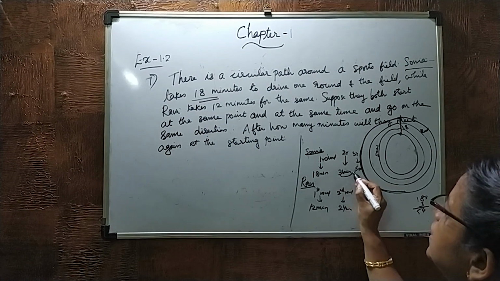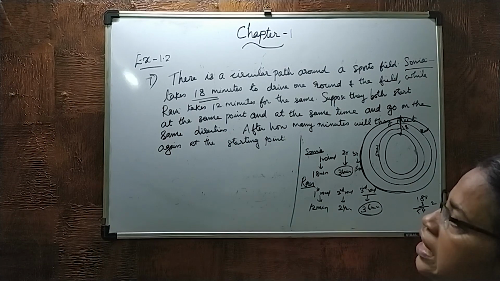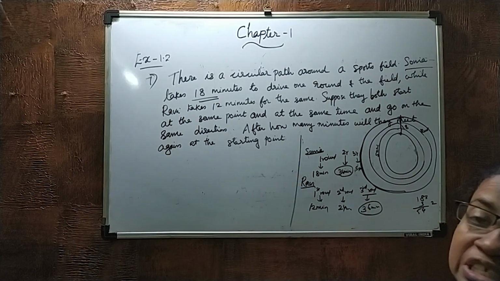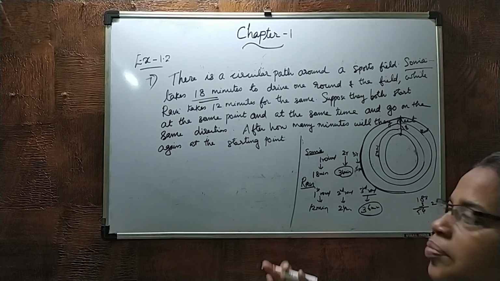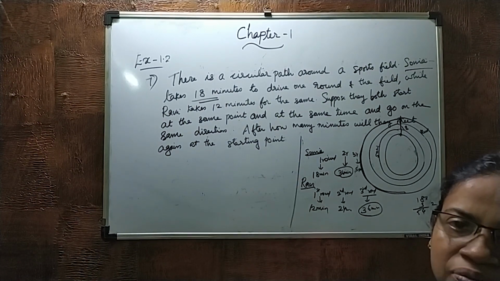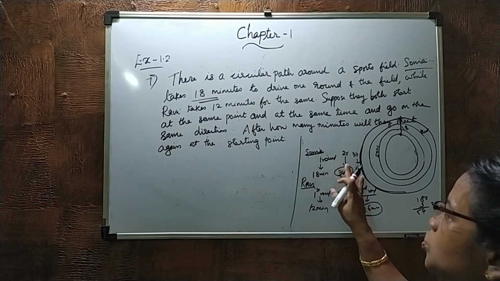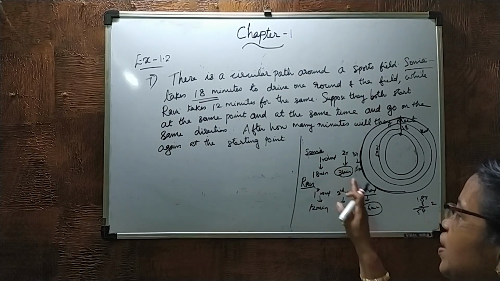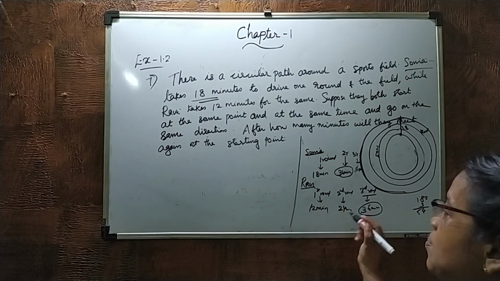Now look, at 36 minutes both of them will come to the starting point. So after 36 minutes, they will both be at the starting point. What I did was write 1 round, 2 rounds, 3 rounds, and so on, and find out where the common value is. That will be the least.